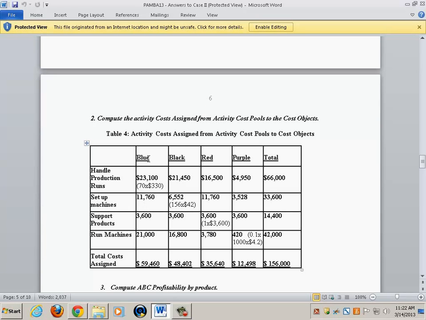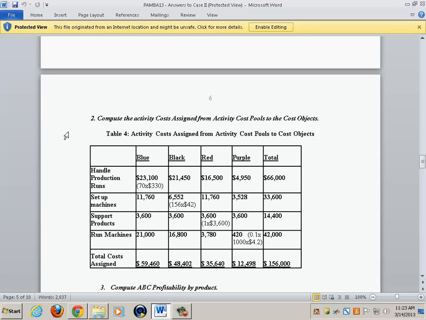And handling, remember, in the production runs that is allocated to 100, you look at the numbers below in the parentheses by asking what is the cost driver of handling production runs.